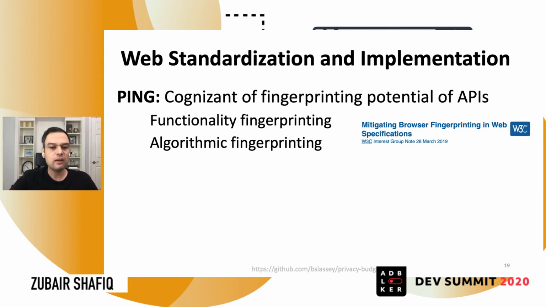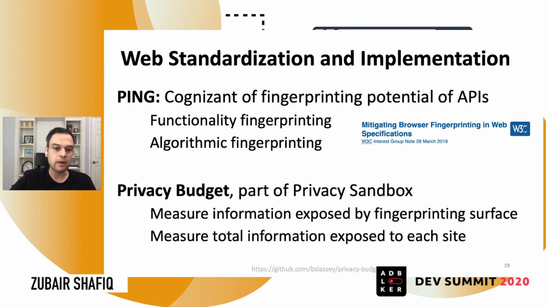And finally, I also want to very briefly talk a little bit about the Privacy Budget proposal API, which is part of Chromium's Privacy Sandbox proposal, where I think our research can also really help. Right now, FP Inspector is only trying to detect whether a script is doing fingerprinting or not.